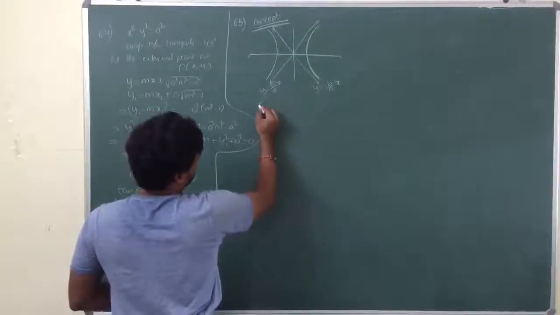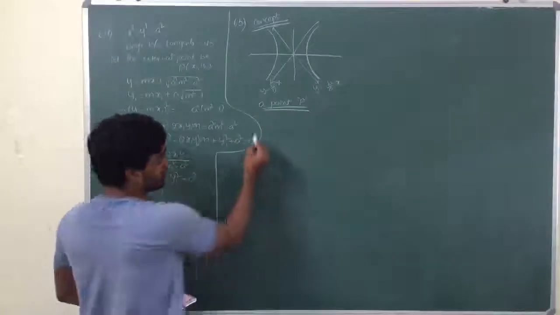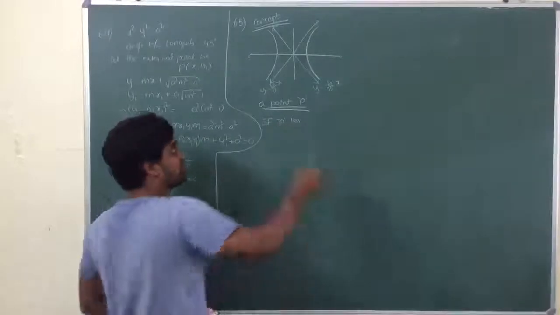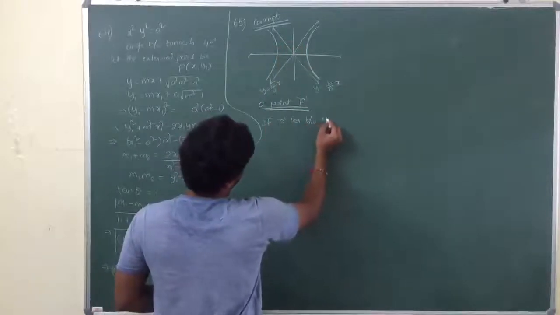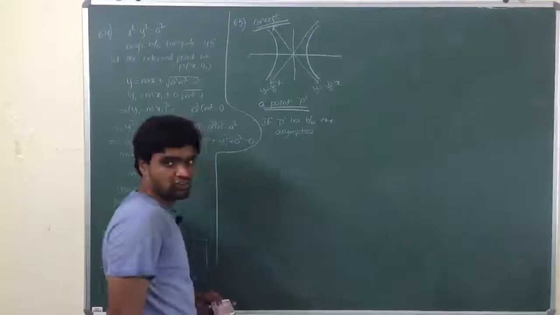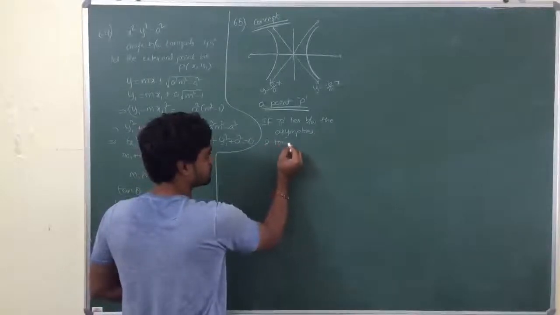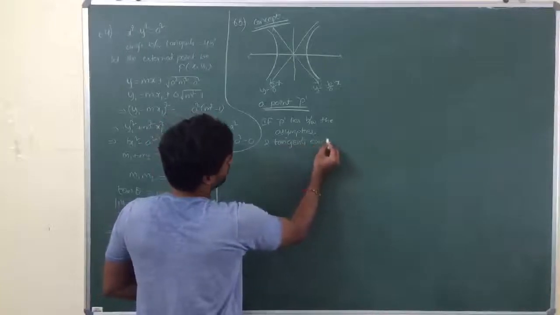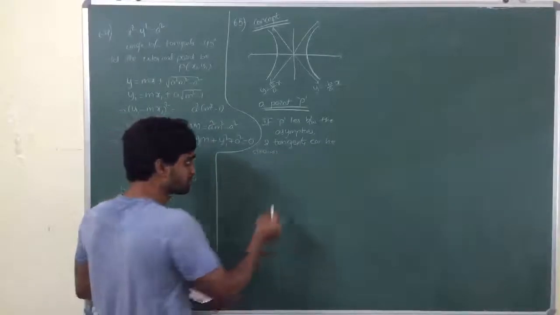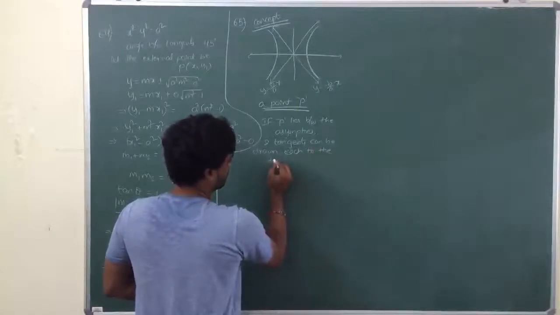Take a point P. If P lies between the asymptotes, two tangents can be drawn, each to a different branch.